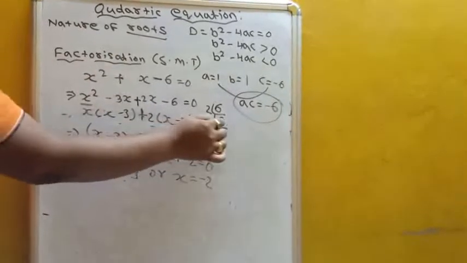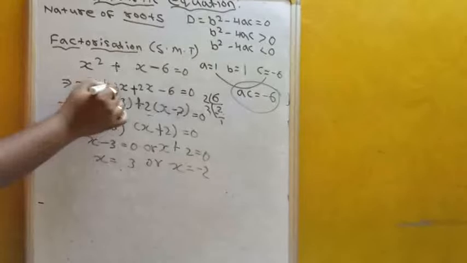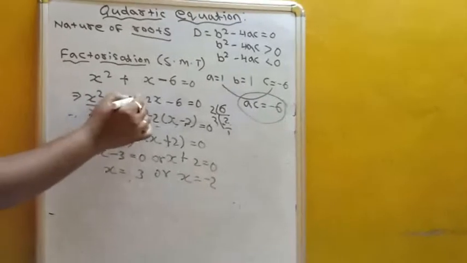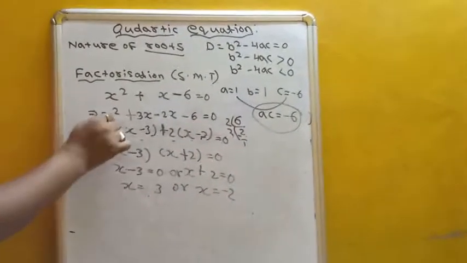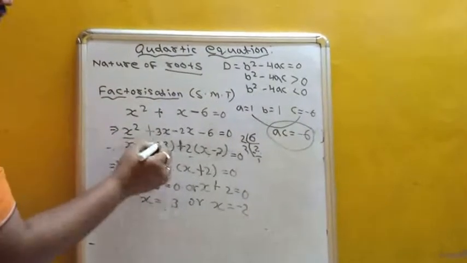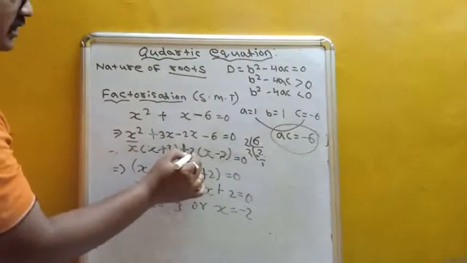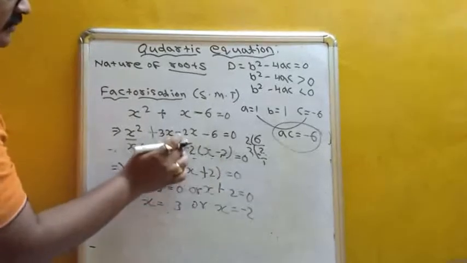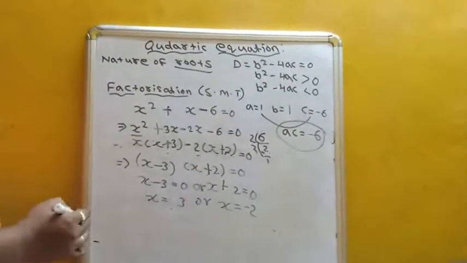So here 3 and 2 are coming, which one is greater? 3. So what do I have to write here? Plus 3. Yes or no? And minus 2x. Okay? Plus 3 minus 2x. So here taking the common, what do you have to write? x plus 3. Yes or no? Here what do you have to write? 2 bracket. But here I have to write minus 2, because here I wrote plus. Okay?